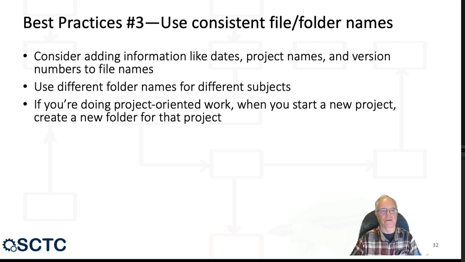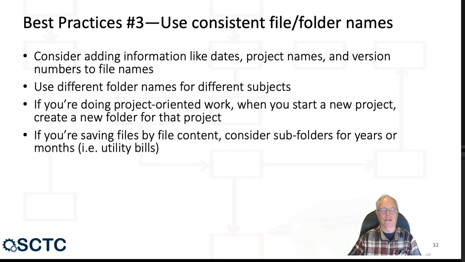If you're doing project-oriented work, then just like we just mentioned, when you start a new project, create a new folder specifically for that project. And that folder itself may be in, say, a folder that is the year. So you have a collection of 2022 projects, 2023 projects, whatever helps you sort through finding these things.